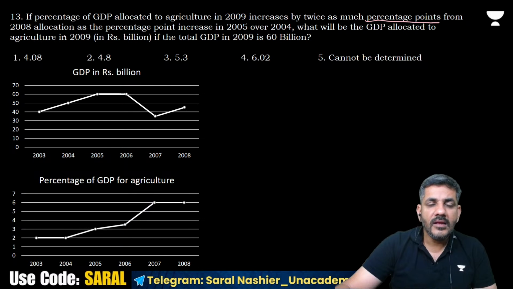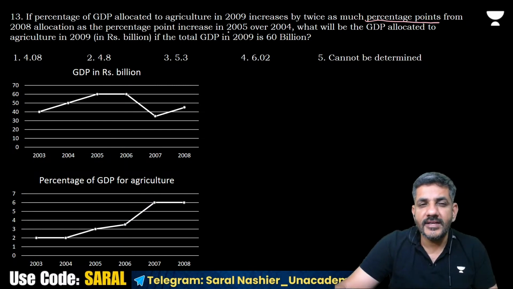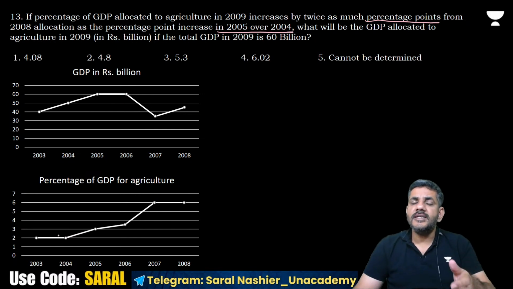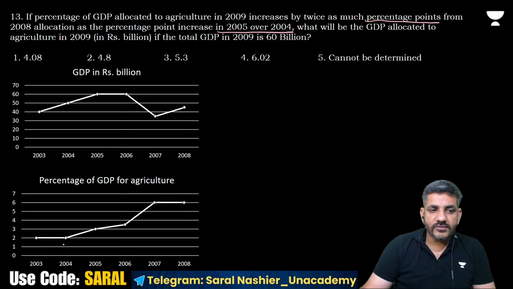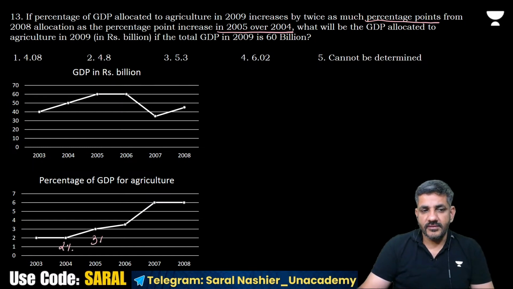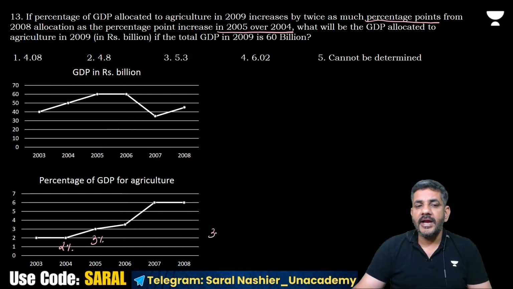What is the percentage point increase from 2004 to 2005? In 2004, the percentage share is 2%. In 2005, it is 3%. The percentage point increase is 3% minus 2%, that is 1%.